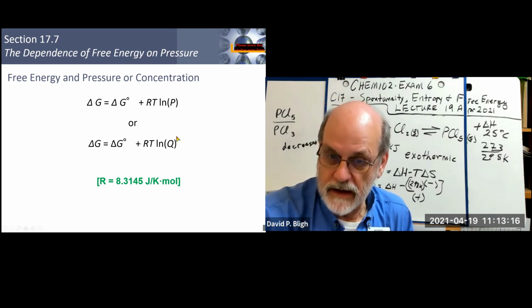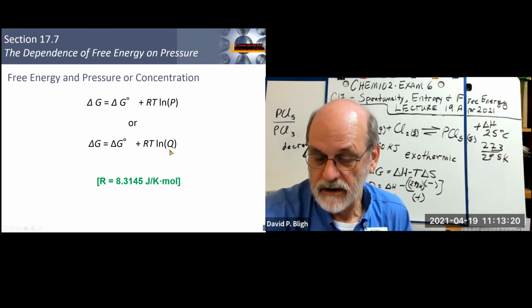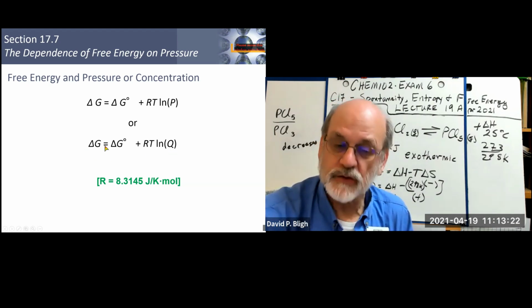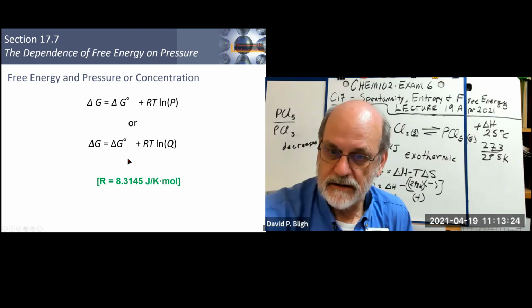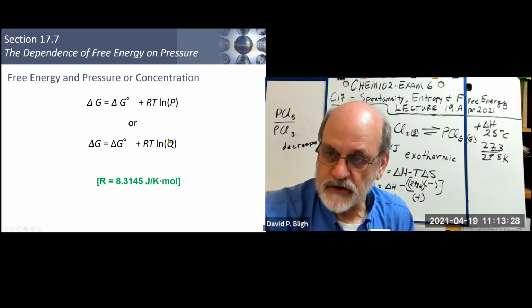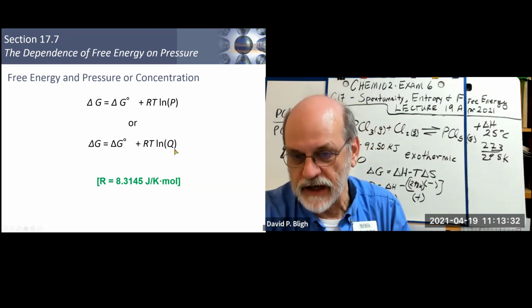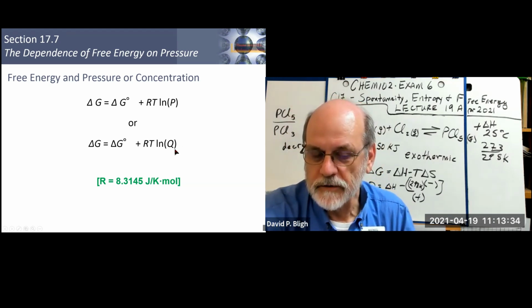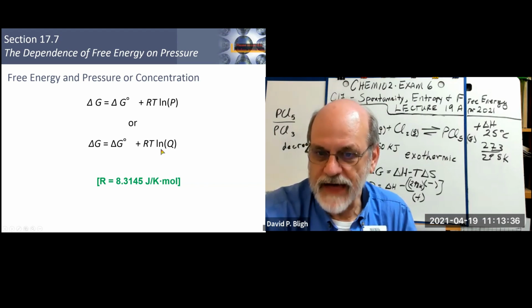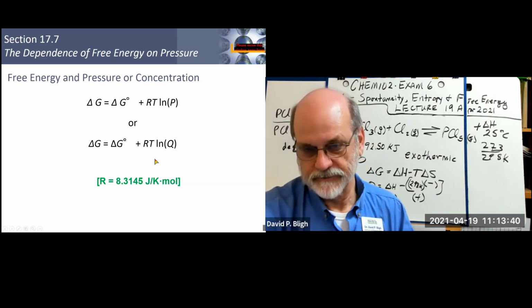Well, also if you use Q and it's not at equilibrium, then you can get an actual delta G relative to the temperature, the concentration, the non-equilibrium calculation of Q, and that augments the delta G under standard conditions.